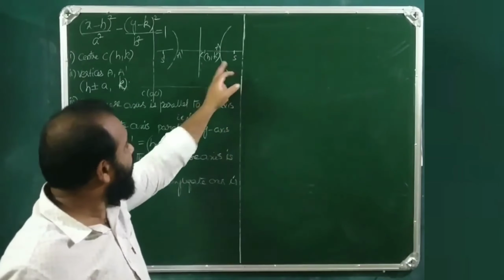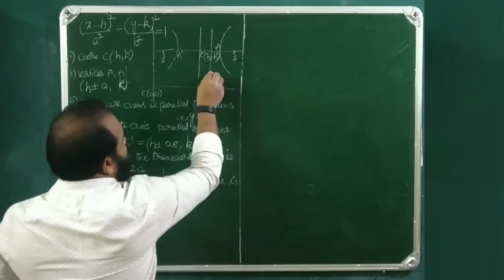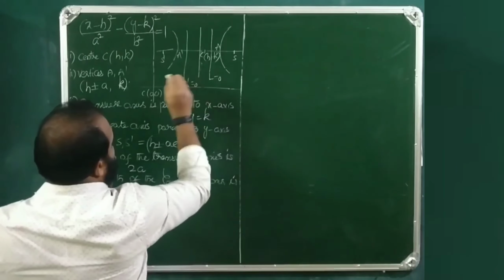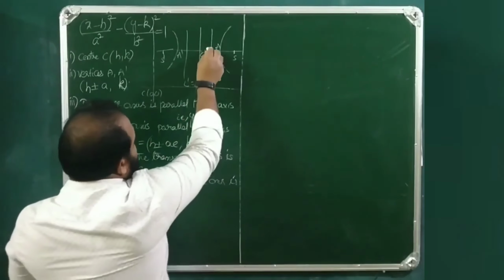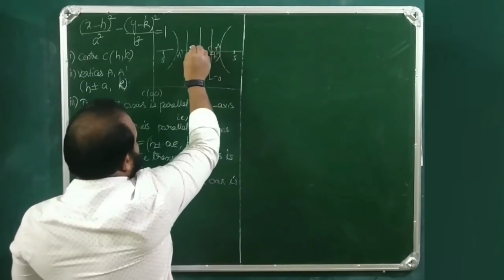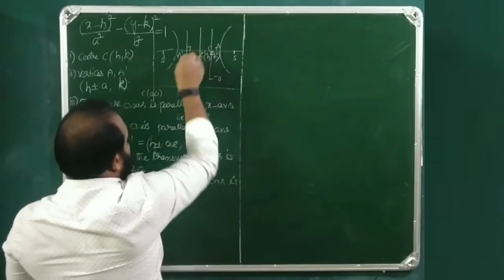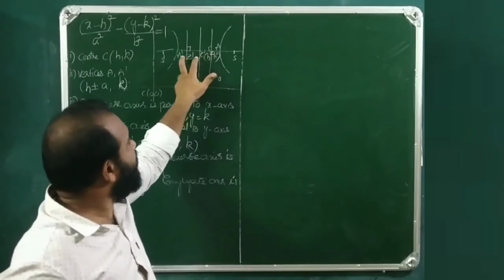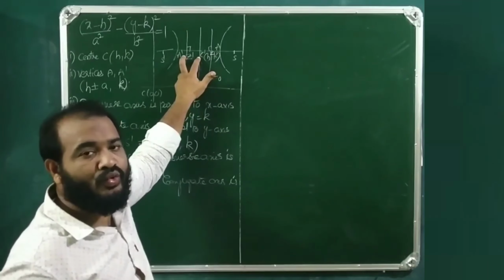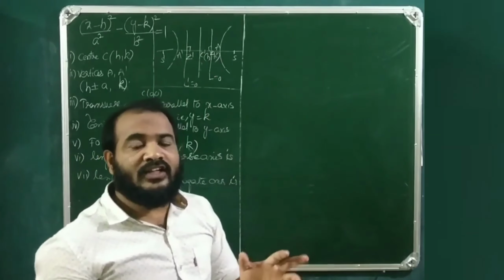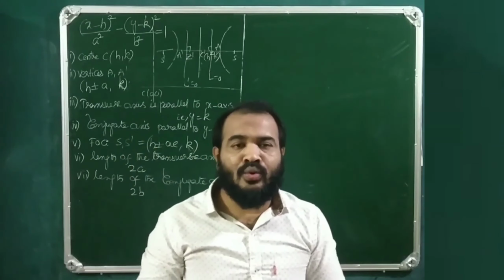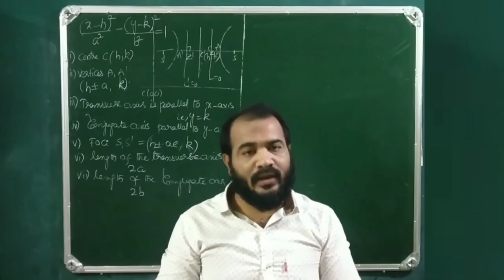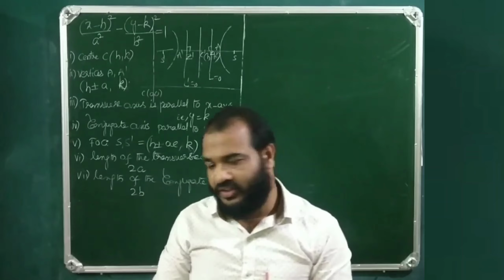And the distance between the directrices: this is L equals to 0 and this is L dash equals to 0. This is Z and this is Z dash. So CZ is A by E, CZ dash is also A by E, so 2A by E. Distance between the foci is 2AE, distance between the directrices is 2A by E. They are not going to be changed.